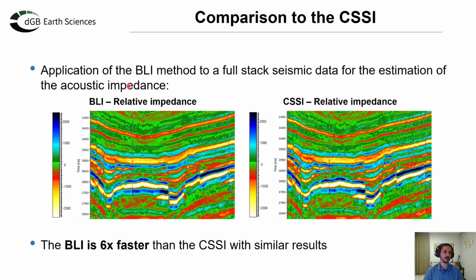Here is work that we've done before, where we compare the BLI with the constrained sparse spike inversion. With very similar results, but BLI is 6 times faster than the constrained sparse spike inversion. Just to highlight how efficient the BLI is.